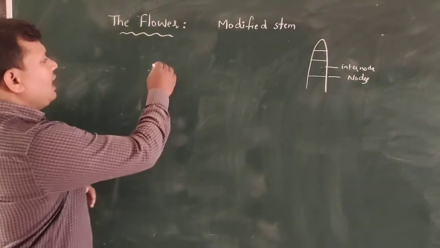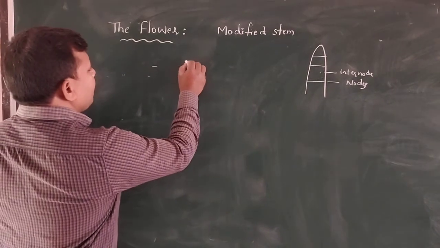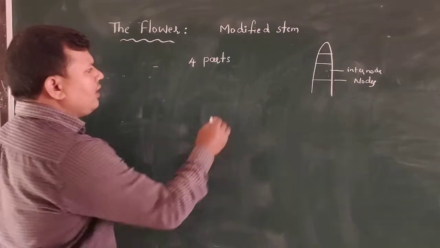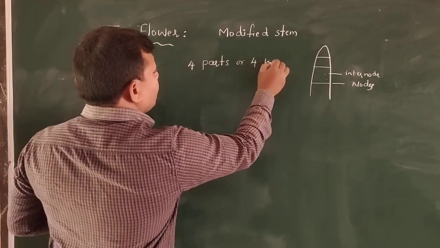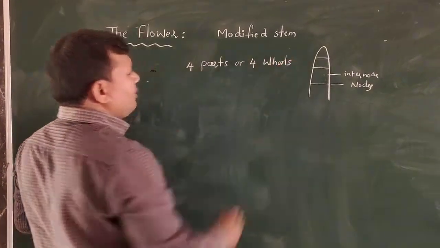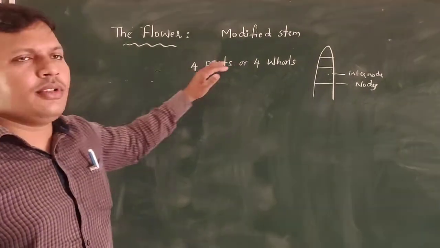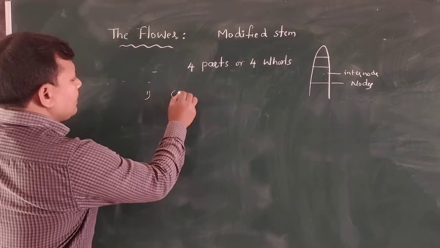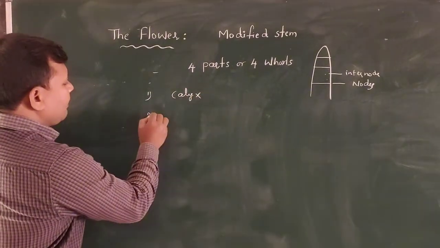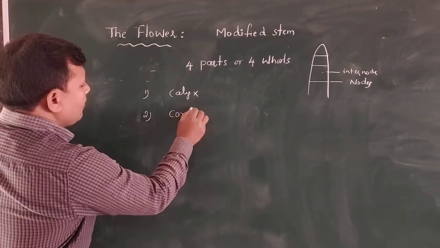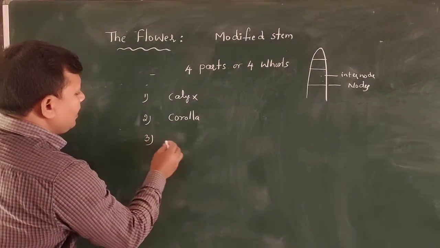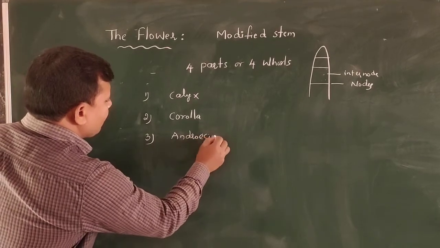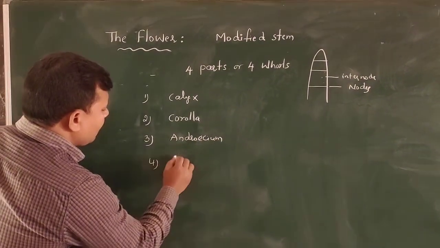So the flower mainly includes 4 parts or 4 whorls. Those are the calyx, the second one is the corolla, the third one is the androecium, and the fourth one is the gynoecium.